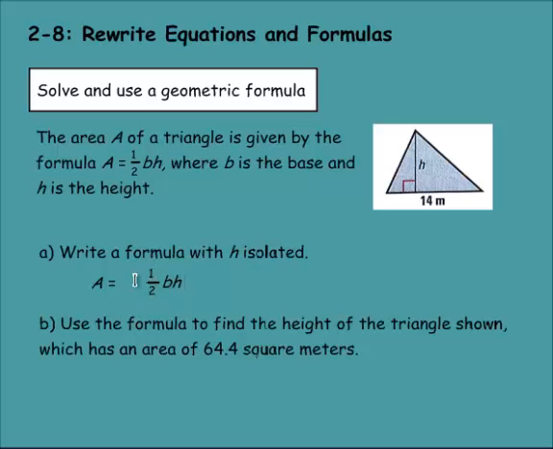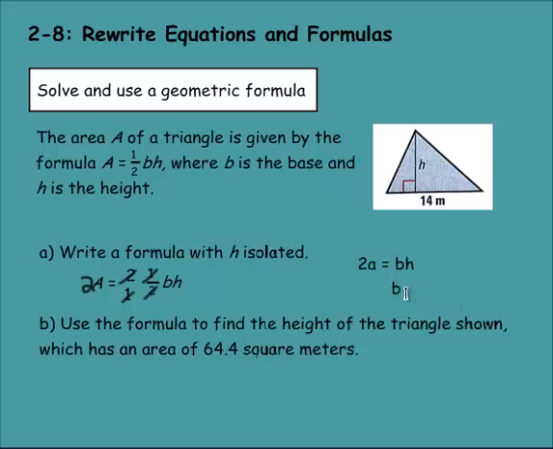So I want to move this 1/2 over away from the H. So I would do the reciprocal, 2 over 1. So then these would cross out. And I'd be left with 2 over 1 times A, which would just be 2A. So if I was going to rewrite this problem, it would be 2A equals base times height equals B times H. Well, how do we get rid of the B from being multiplied times H?